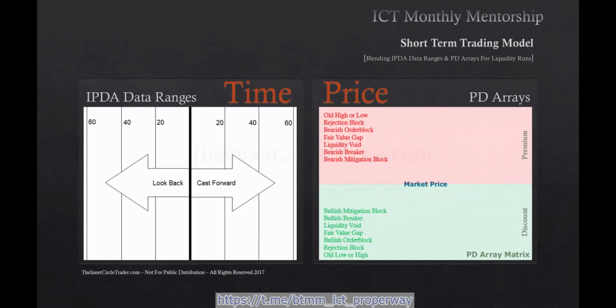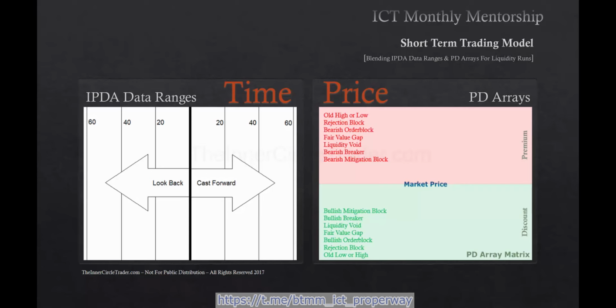Data ranges refer specifically to time, and PD arrays deal specifically with price. So blending the two elements together, you're blending time and price, theoretically.